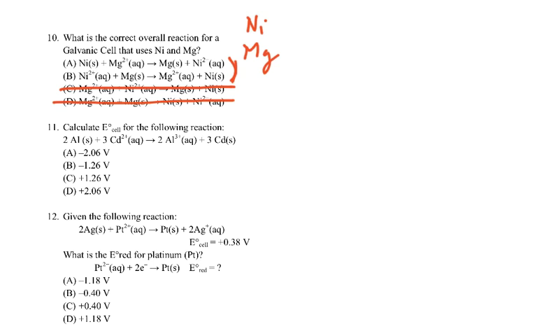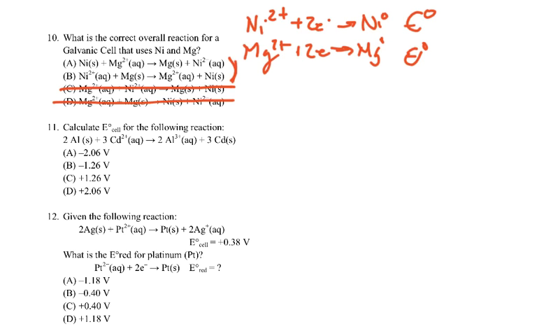To answer this, we have to go back and look at the E0 values for these two reactions. Whichever one is higher is the one that is going to change. They're going to see it as nickel plus 2 electrons becomes nickel neutral, and magnesium plus 2 electrons becomes magnesium neutral.